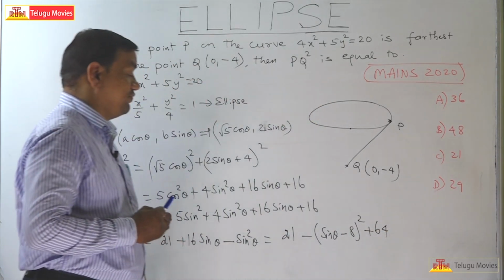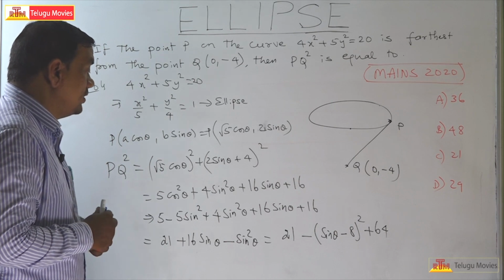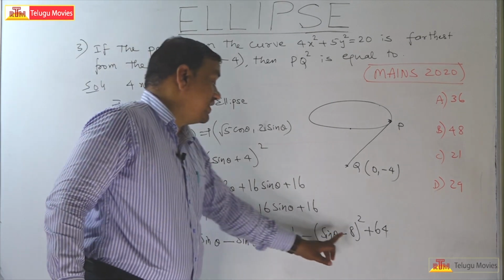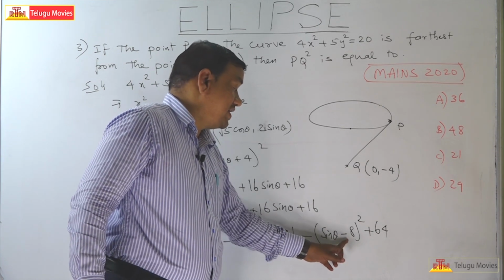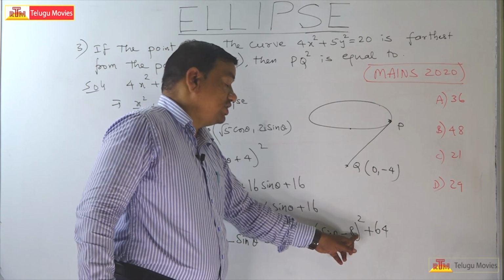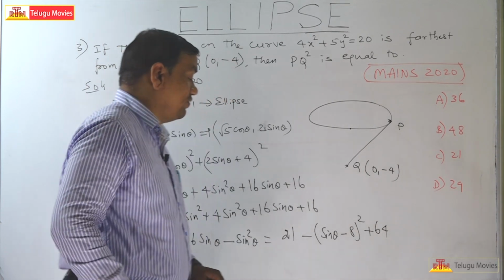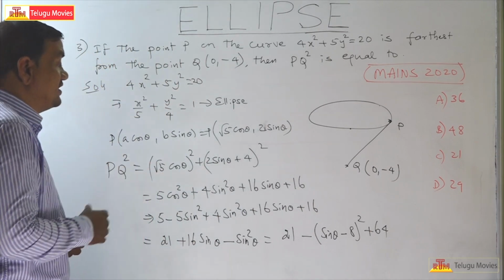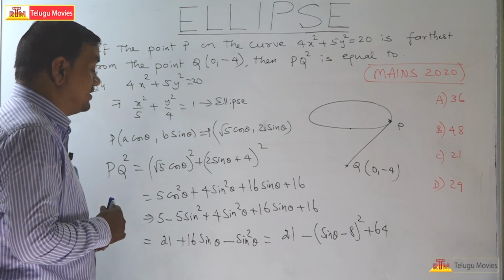So let us check once here. If you multiply, you will get a minus b whole square, a square minus 2ab plus b square, that is, you will get here minus 64. So plus 64 you have to add so that the equation will be balanced.